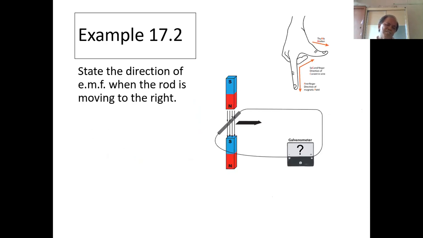Okay, apply to this equation. State the direction of EMF when the rod is moving to the right. Where is the direction of EMF, or direction of induced current, when the rod is moving to the right?